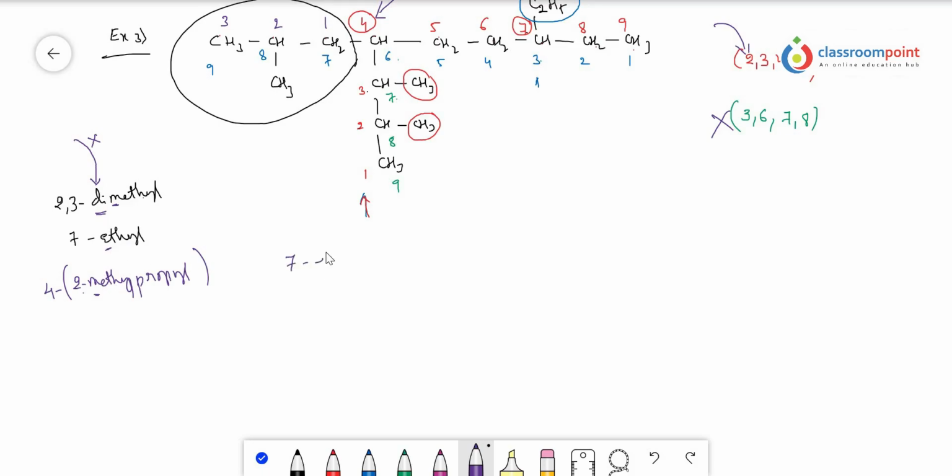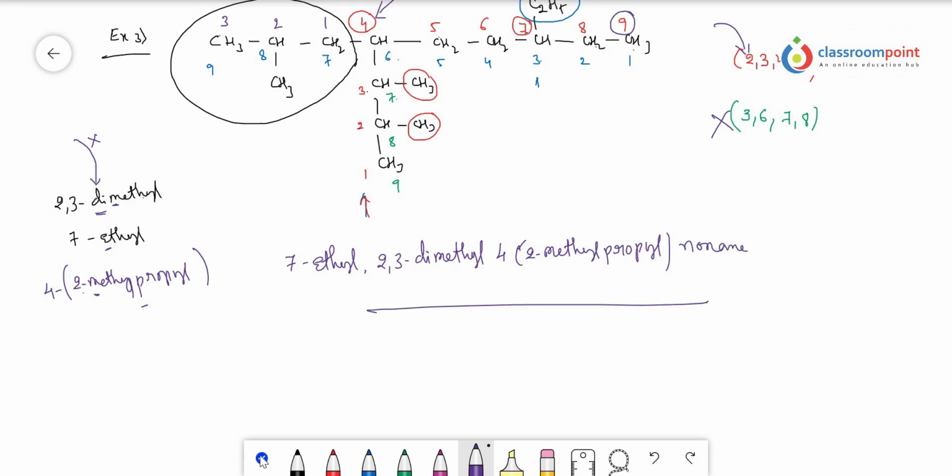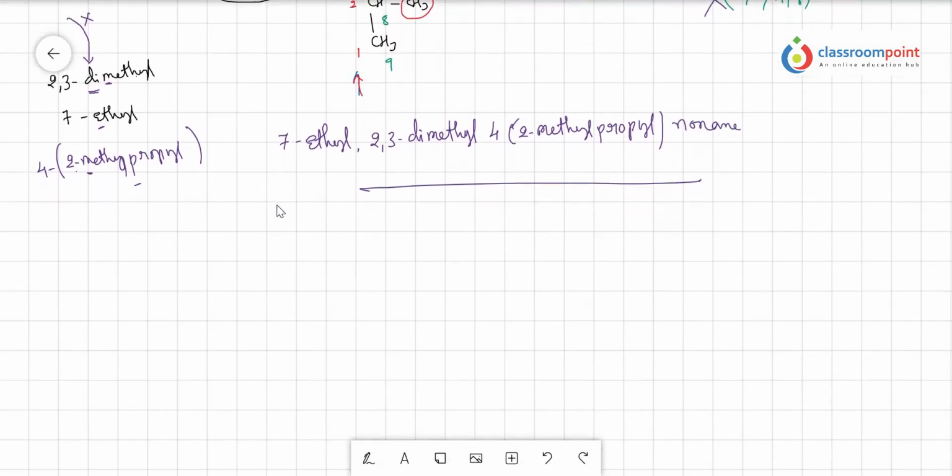So we shall write 7 ethyl first. Afterwards methyl, methyl. Afterwards P has come, here nothing is there. So 2, 3 dimethyl, here 4 in brackets 2 methyl propyl. The total number of carbon atoms in the main chain is 9, so nonane. This is the way to write down the IUPAC name of the molecule.